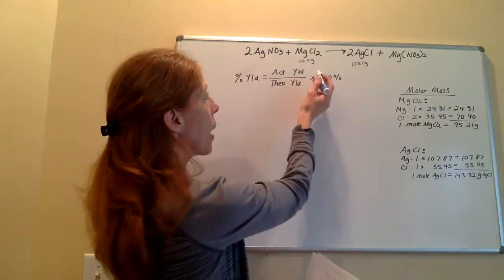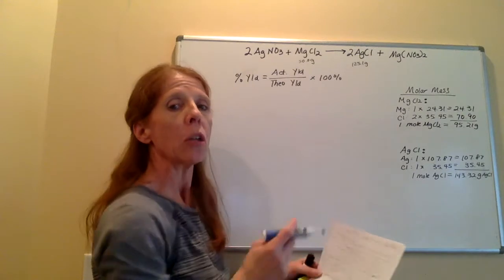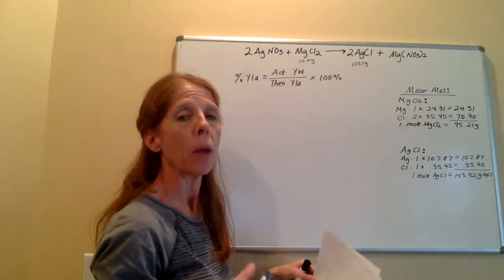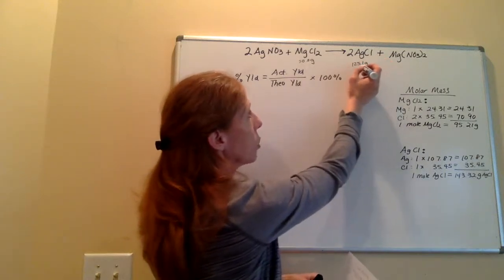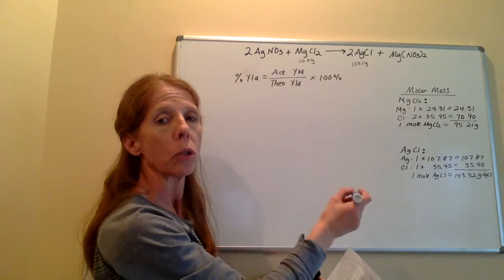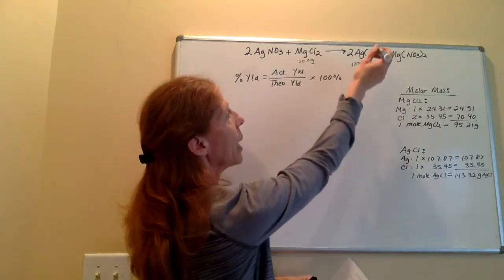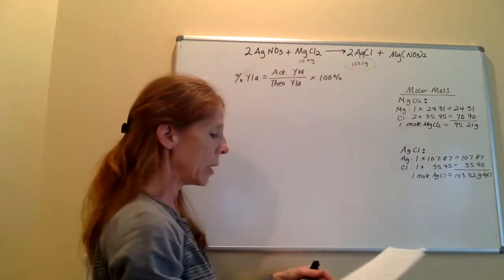Now, this amount is the amount I started with, and I can use stoichiometry to come up with the amount I should produce of silver chloride, and that would be my theoretical yield. I can compare that to my actual yield. So this number they're giving me, what is that?